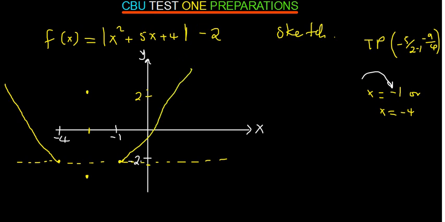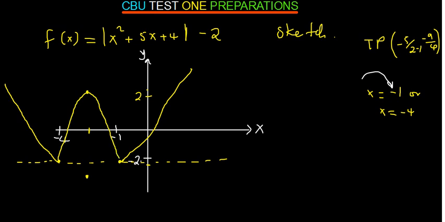Now instead of you coming down there, you will not go there because you would have violated the absolute. So we're going to turn it to go to the positive, so that it goes and touches the turning point and then comes back like this.